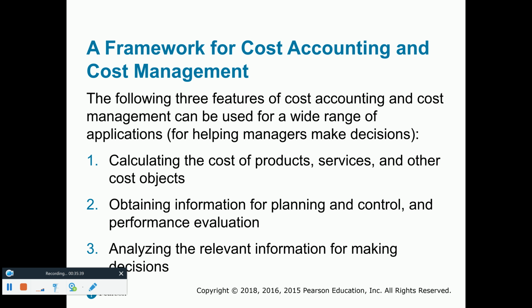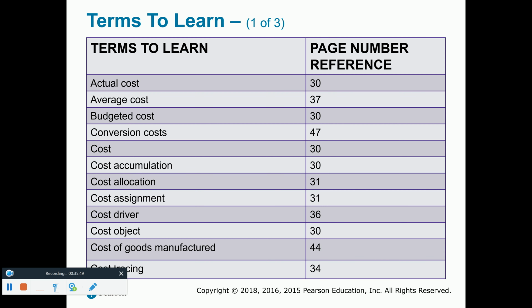So you can see not only accumulating but assigning costs. There's a big framework for why we would do that. Okay, so that is very, very important to understand our cost behaviors, our cost areas that we want to segregate into, and understanding how costs flow through the assembly line process.